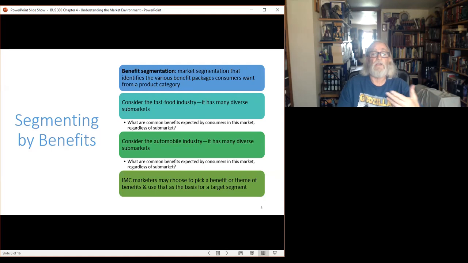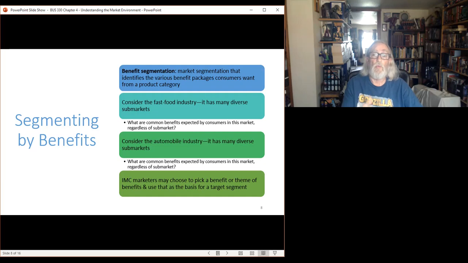For instance, the fast food industry has a lot of diverse sub-markets. And so they all expect, though, no matter which sub-market they're in, their desire for fast food, and we know there are so many different types, they do expect a certain amount of service, a certain level of quality and expense in this industry.